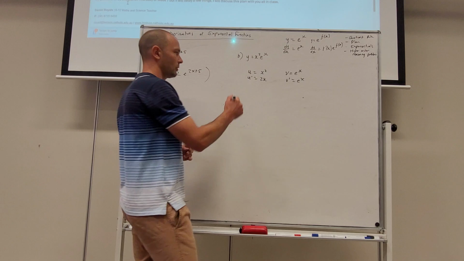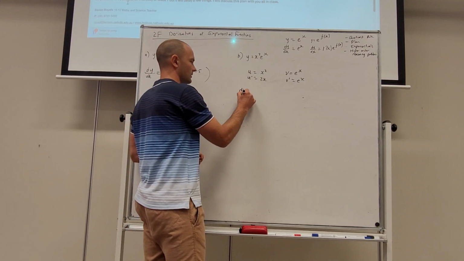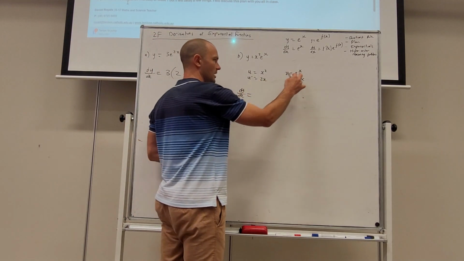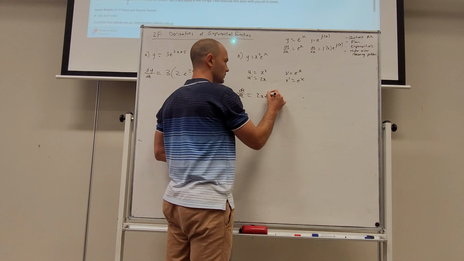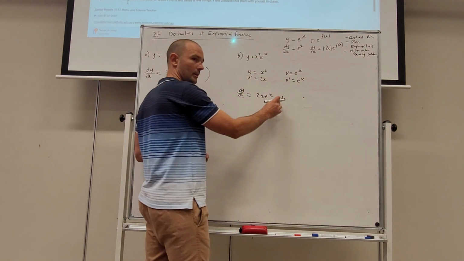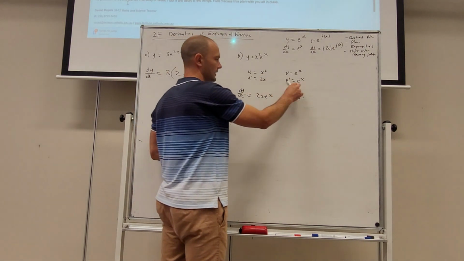Okay, so then for the product rule, we'll just smash all of that together. dy dx is u dash v plus, product rule plus, u v dash.